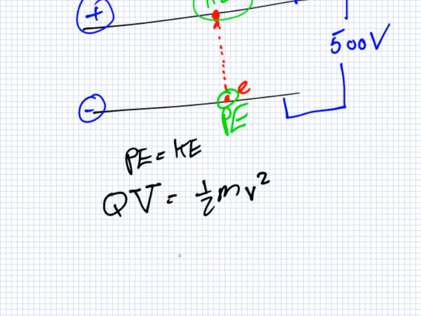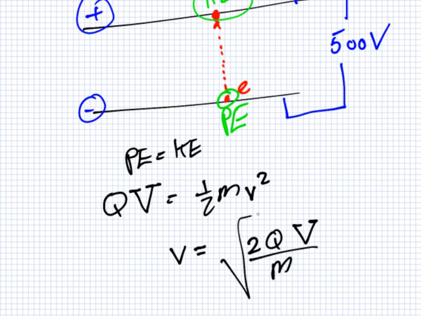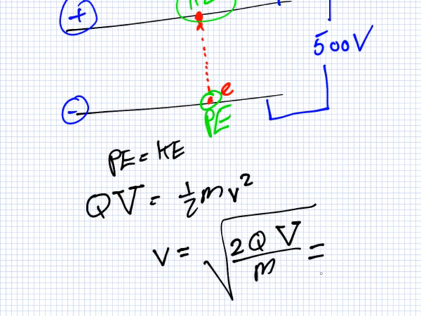So you can get that the velocity is the square root of 2qv over m. So if we put in the numbers, square root, twice the electron charge times the voltage, which is 500, over the mass of an electron, which is number 3.